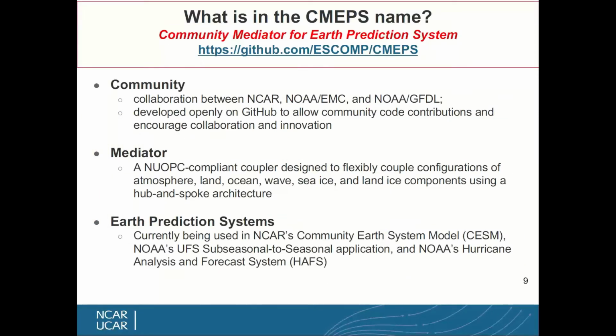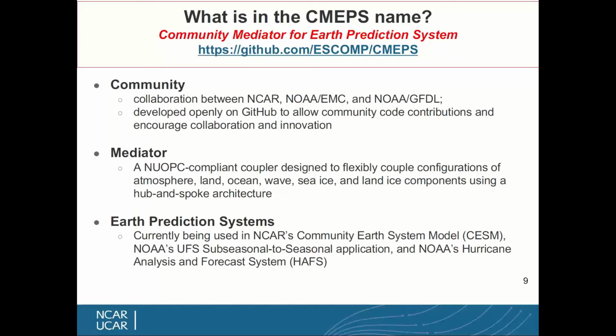So what is in the CMEPS name? What does it mean to have a community mediator for Earth prediction systems? Community means that it's a collaboration. Right now, it's a collaboration between NCAR, NOAA, and particularly the Environmental Modeling Center at NOAA, which transitions things from research to operations.